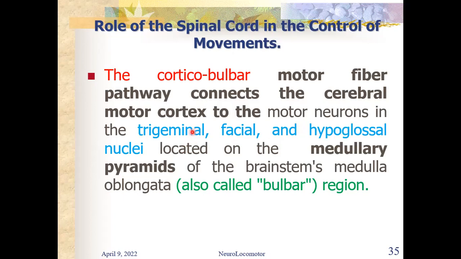These are the nuclei with which the corticobulbar tract makes contact in the brainstem, located on the medullary pyramids of the brainstem's medulla oblongata. That region where these nuclei are located is known as the bulbar region.